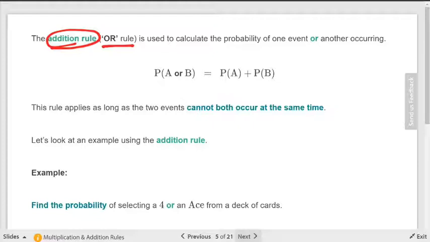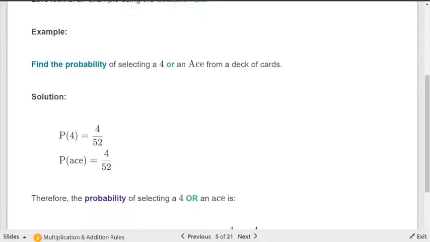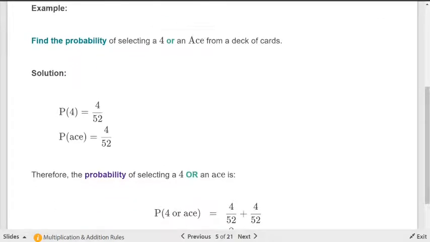So if you see the word or, that always means you're going to be adding the two probabilities together. So and means multiply, as long as the events are independent. Or means add. Now, just finding simple probabilities using the or rule. Find the probability of selecting a 4 or an ace from a deck of cards.